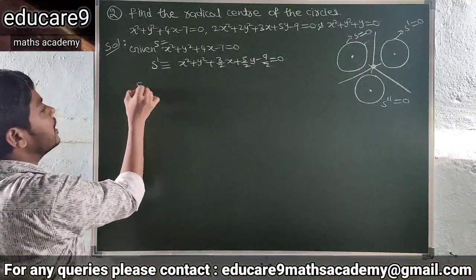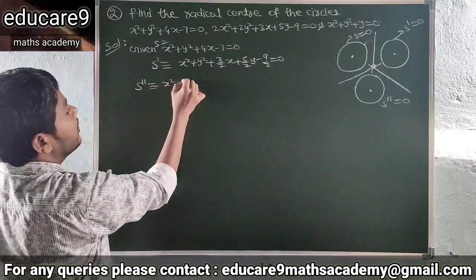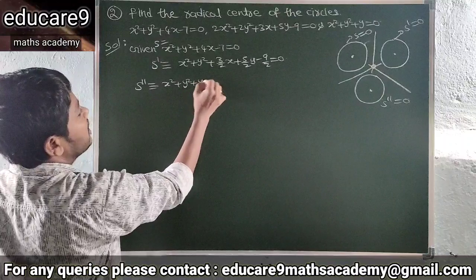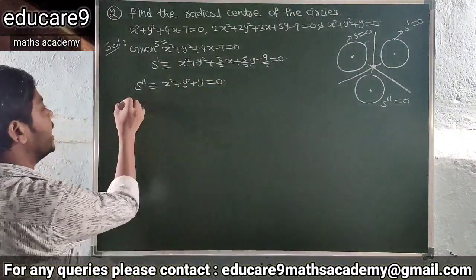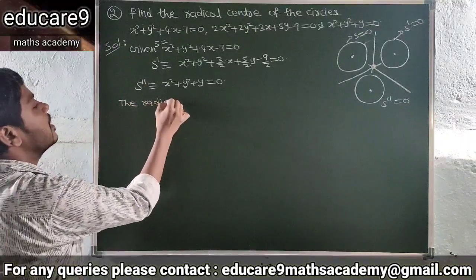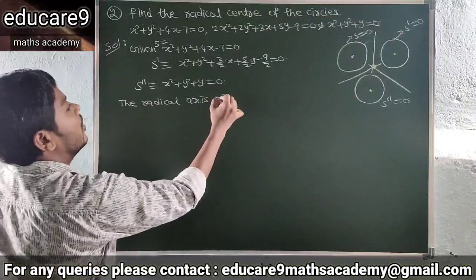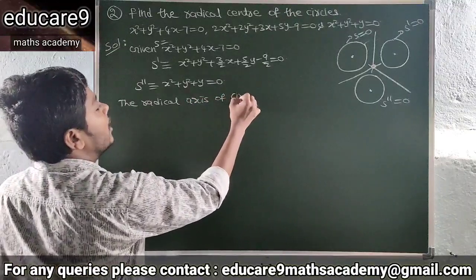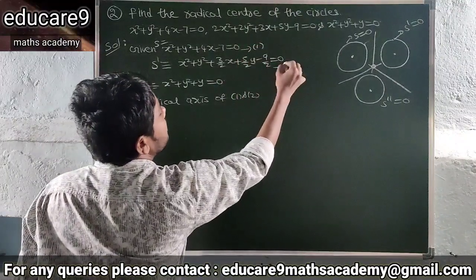And the third circle S double dash is x square plus y square plus y is equal to 0. Now see here, find the radical axis of 1 and 2. This is equation 1 and this is equation 2.